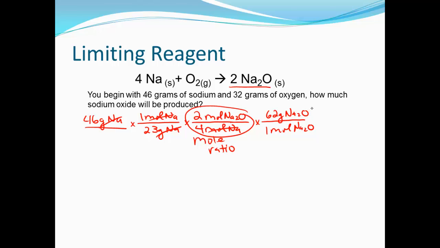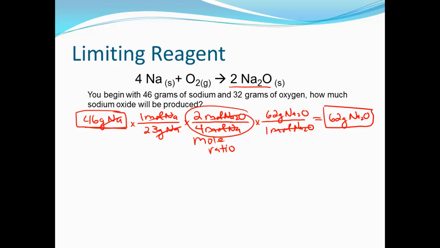Again, this is the molar mass, folks. The moles of sodium oxide cancel out, and when I do my math, I end up with 62 grams of sodium oxide. So starting with 46 grams of sodium, I will produce 62 grams of sodium oxide.